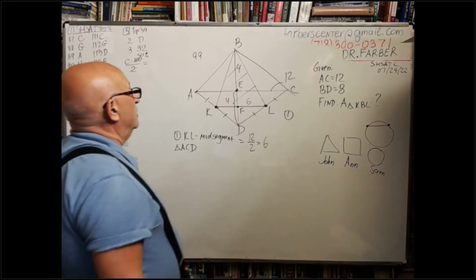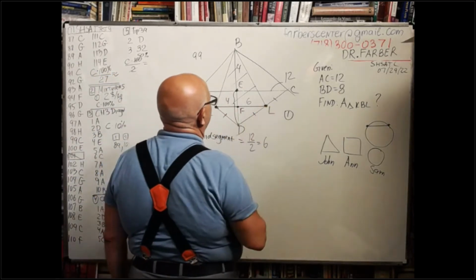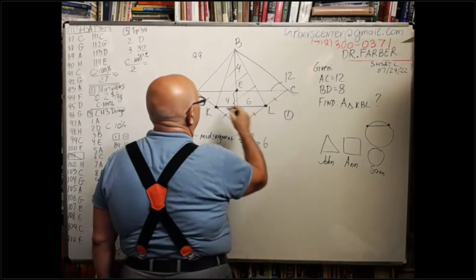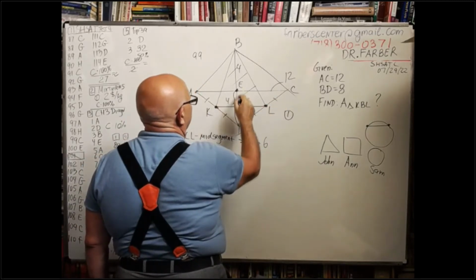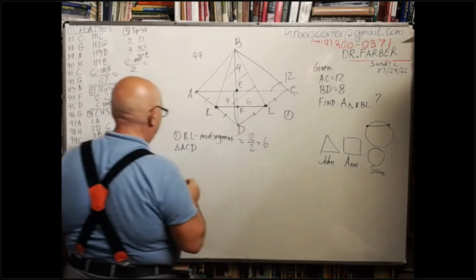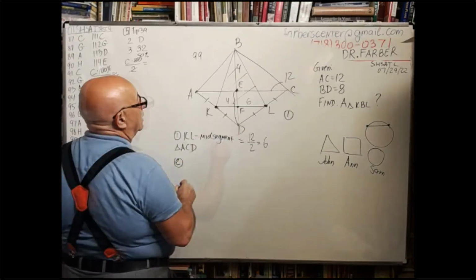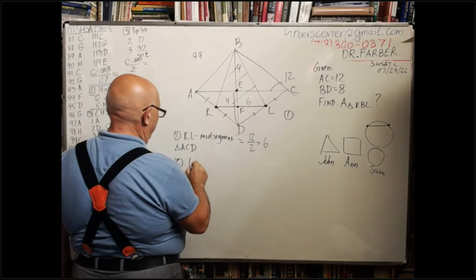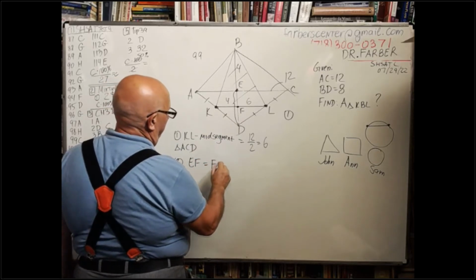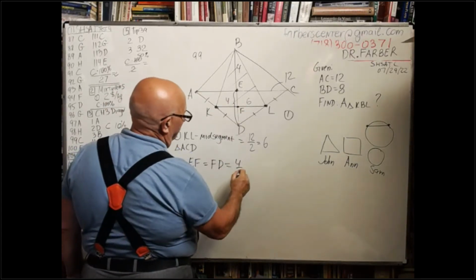In addition, since KL is mid-segment, it cuts not only these sides by half, but also this DE also by half. Number 2, you can write that EF equals FD equals 4 over 2, which is 2.